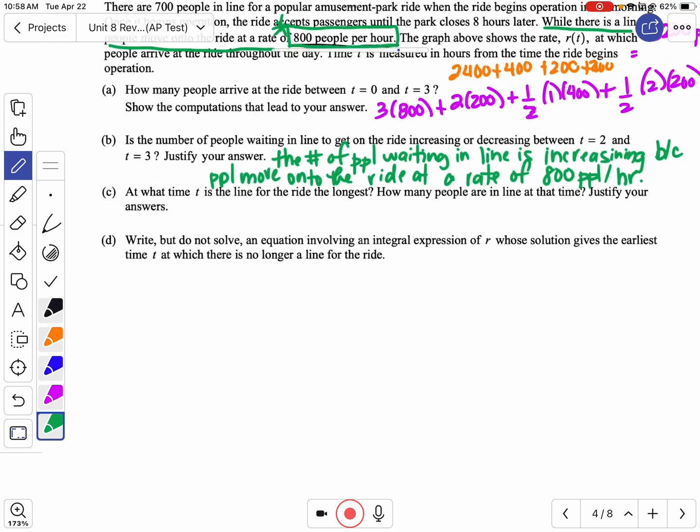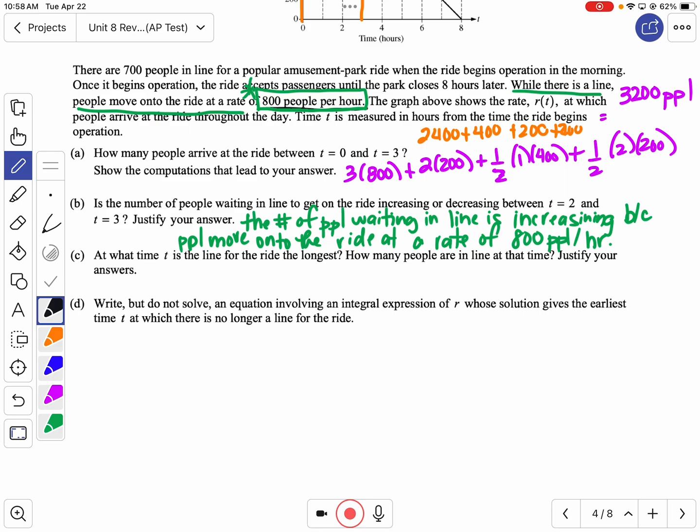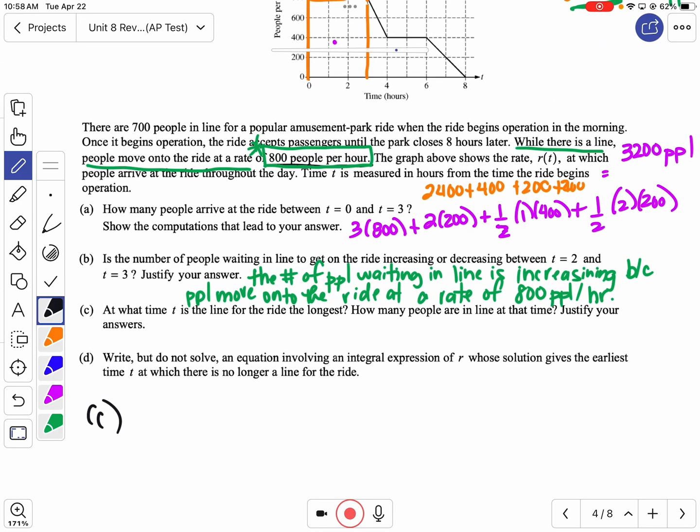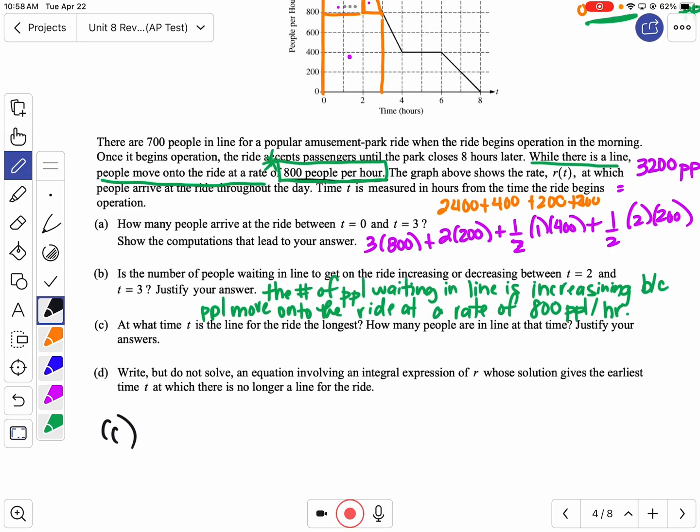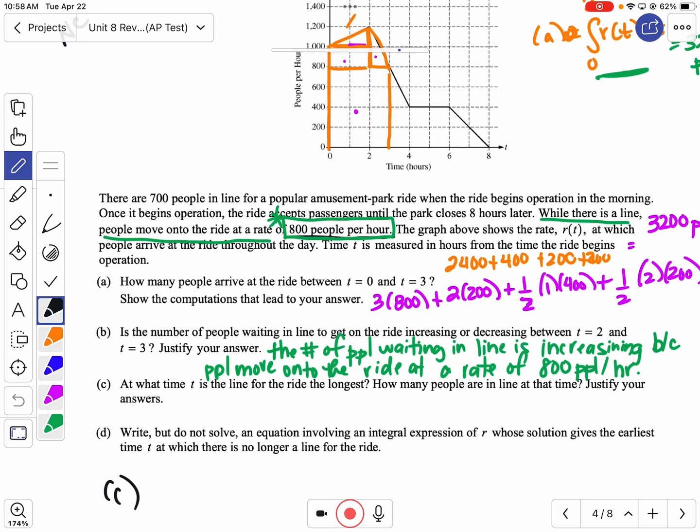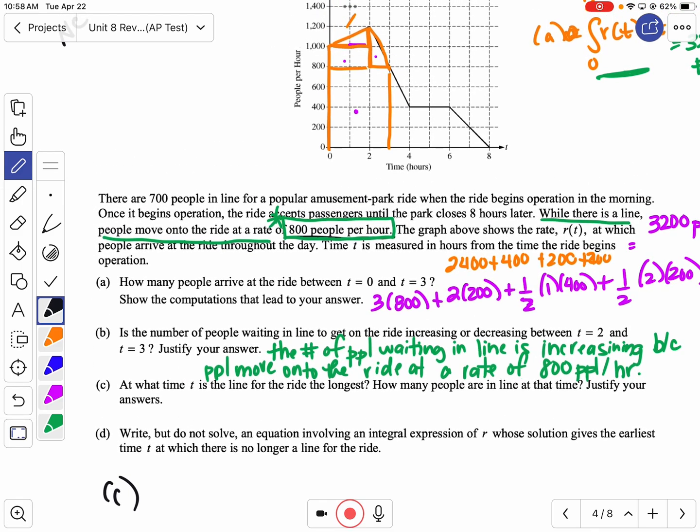Okay. So we got to think about for this one. This is that maximum, minimum, all that good stuff, right? So the number of people. So where is this R of t, this picture, equal to 800 at what time?